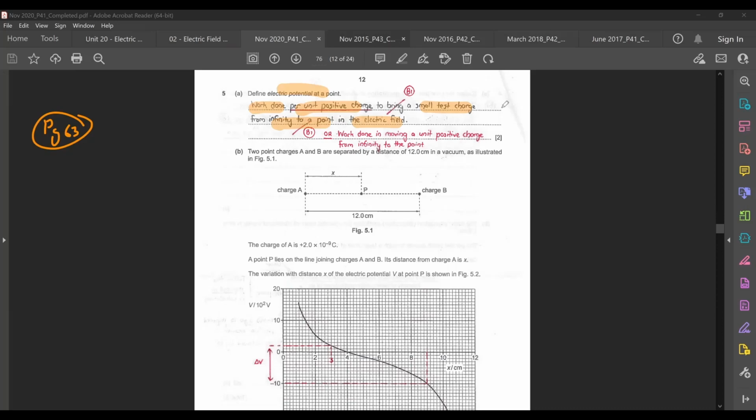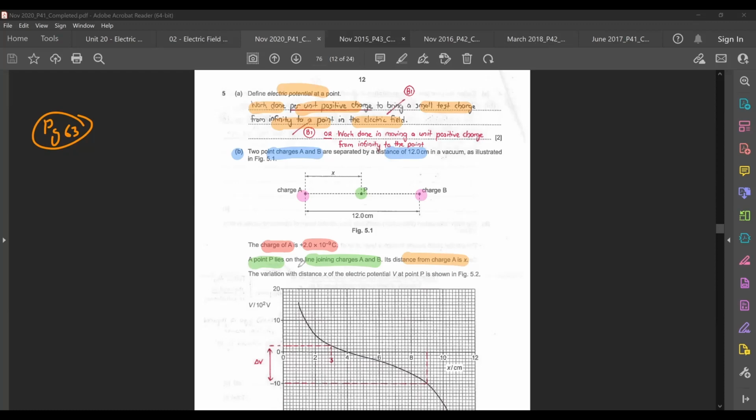Now, if you look at part B, there are 2 point charges A and B separated by a distance of 12 centimeters inside a vacuum as illustrated in the figure below. The charge A is 12 times 10 power minus 9 coulomb. You have a point P that lies on the line joining charges A and B. This is your point P here, between charges A and B, and its distance from A is x.